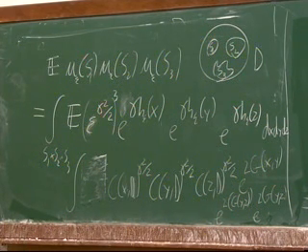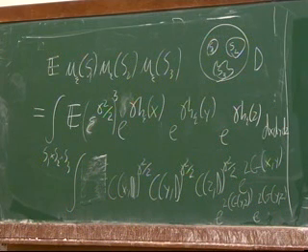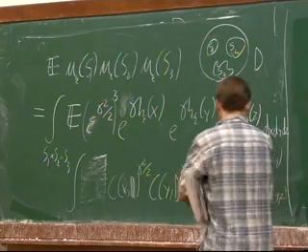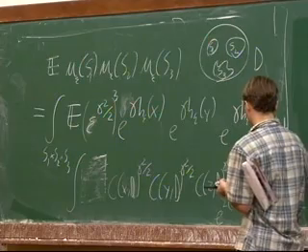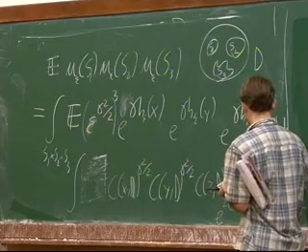Let's see. So yes, there should be, did I miss a gamma squared? Yes. All these should have gamma squared over 2.